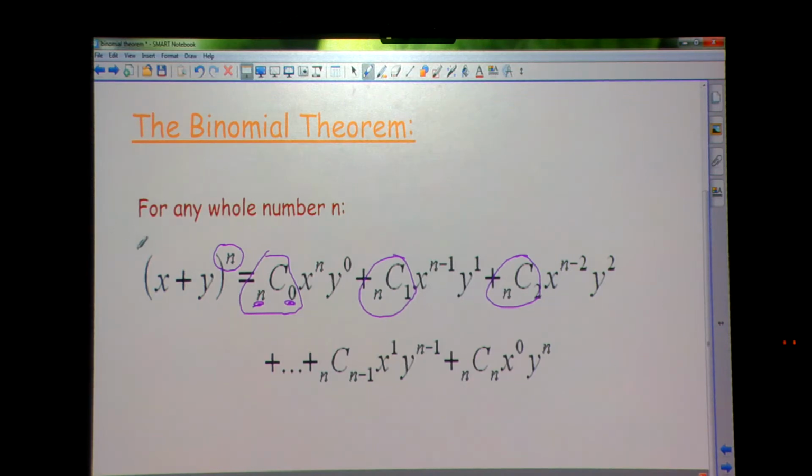So this is the actual binomial theorem, of how to expand polynomials raised to a power. But good old Blaise Pascal, a mathematician, and notice I have a poster in the back of the room with Pascal's triangle on it, he came up with a shortcut for these coefficients, these combination ones. So you don't have to do combinations.